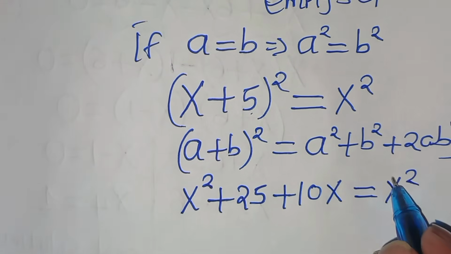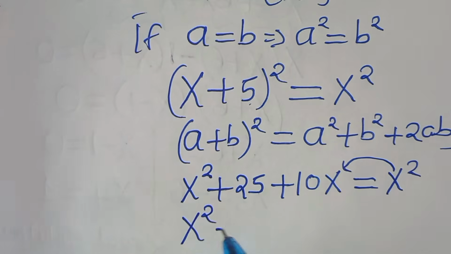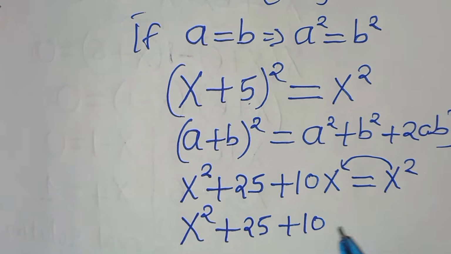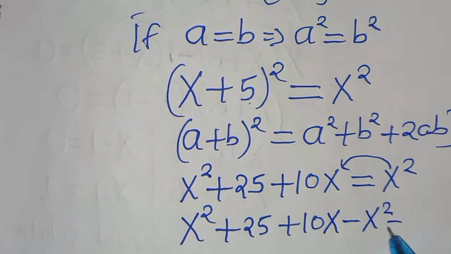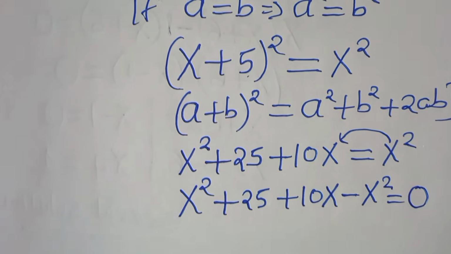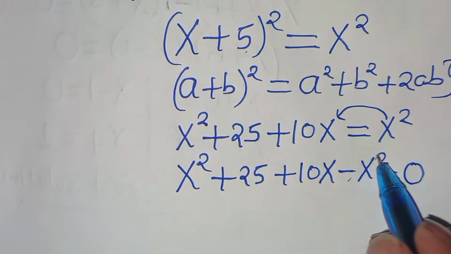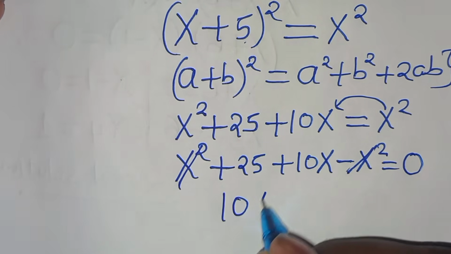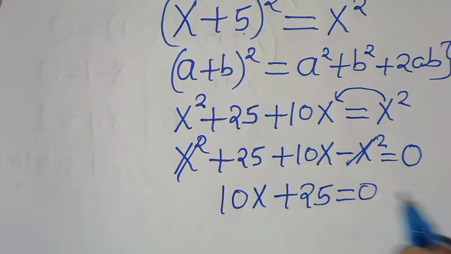Now let's take x to the power of 2 on the left hand side. So this means we have x to the power of 2 plus 25 plus 10x, then minus x to the power of 2, equal to 0. Now x squared minus x squared simplifies so that we have 10x plus 25 equal to 0.